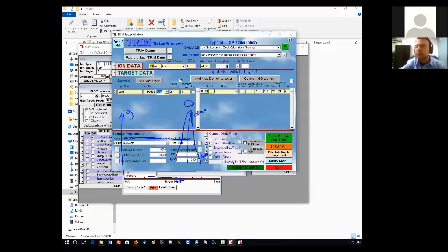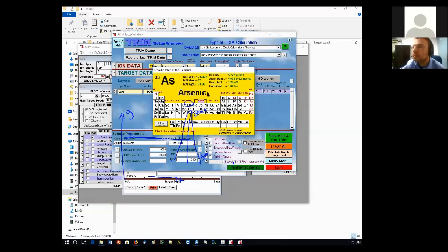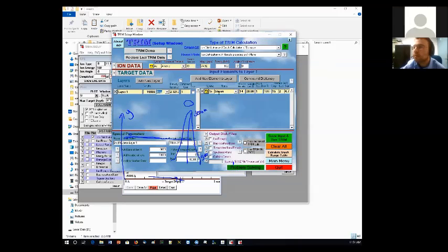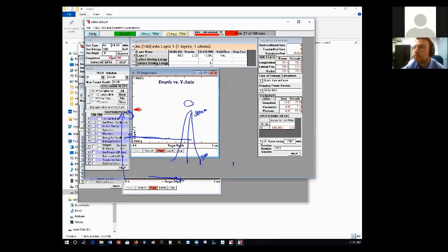Give the same energy, 100 kiloelectron volts, because we want to make a fair comparison. We will leave this again to be 1 micrometer, and the target is also silicon. And remember, we have to change this total number of ions to 100 again. So now we're ready to run this too. Save and run it. It's running on my screen.